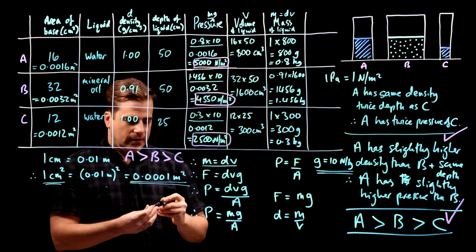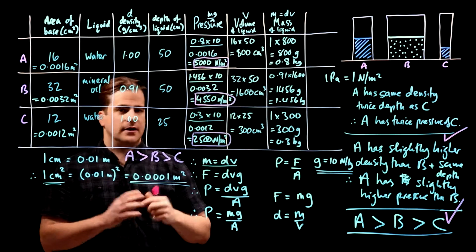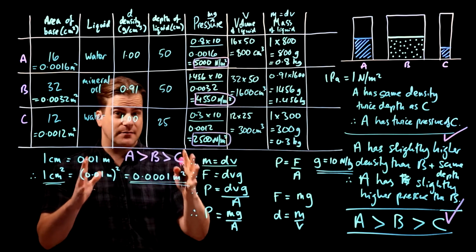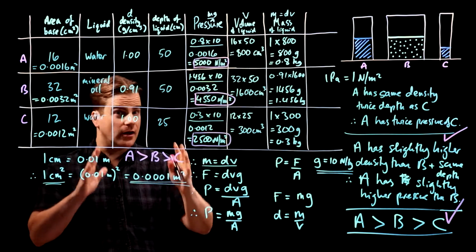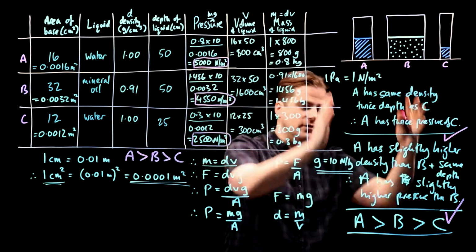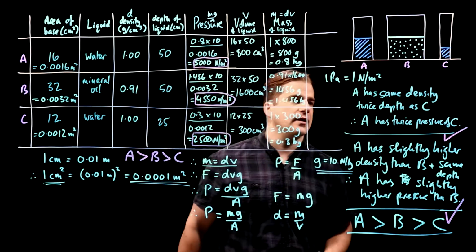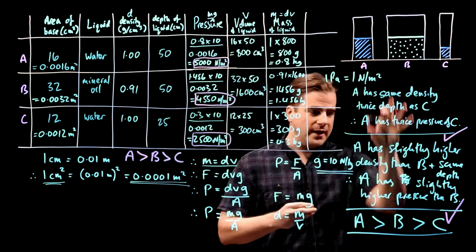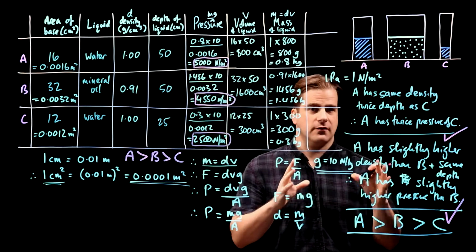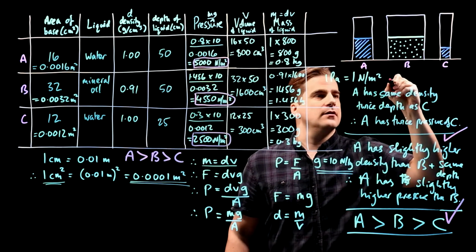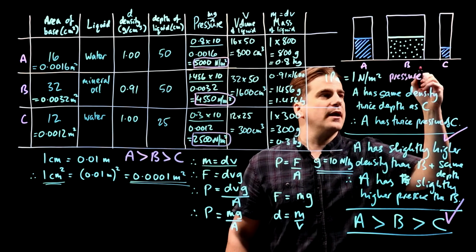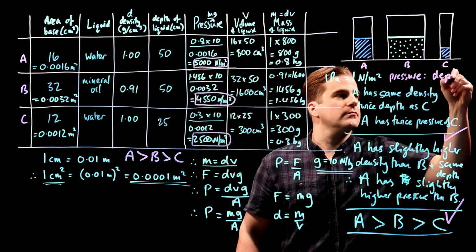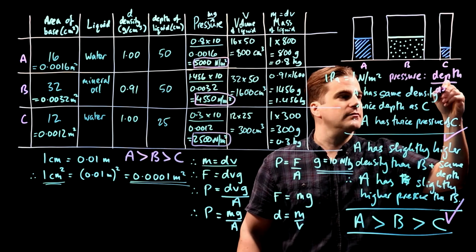So it's only a 3-mark question. Under exam conditions, you saw how long the calculation took. I would strongly recommend, under exam conditions, to do it like that, much faster. All based on the fact that pressure depends on depth and density.